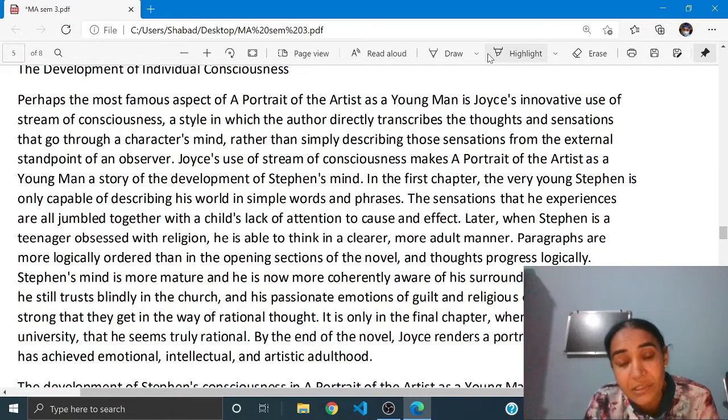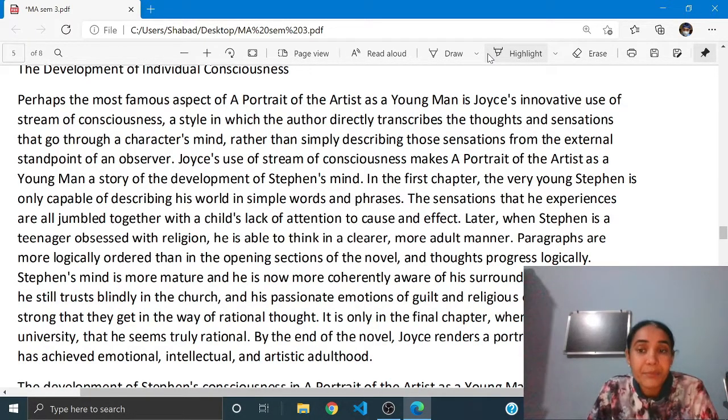Then he is able to think clearly and in an adult manner. So we have here paragraphs that are more logically ordered than in the opening sections. This is how the development takes place from the beginning, and it proceeds towards this character becoming an artist.